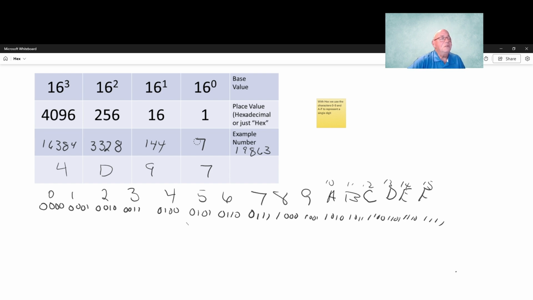And just for grins, let's do 4D97. In other words, what we're going to do is convert 19863. Big number, lots of fun. Let's do this.